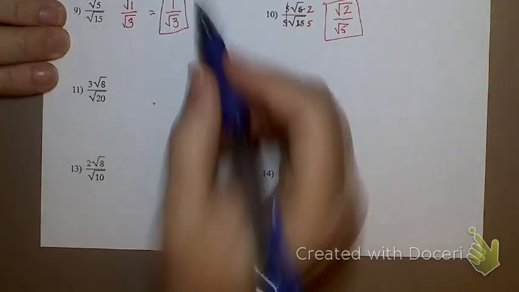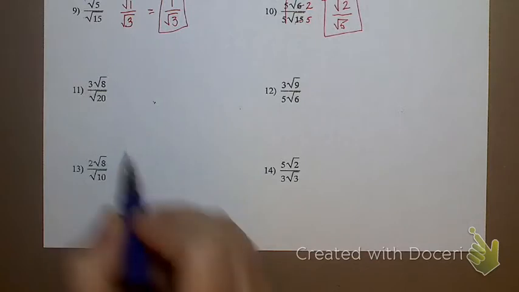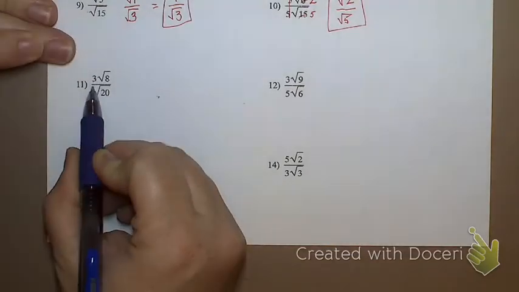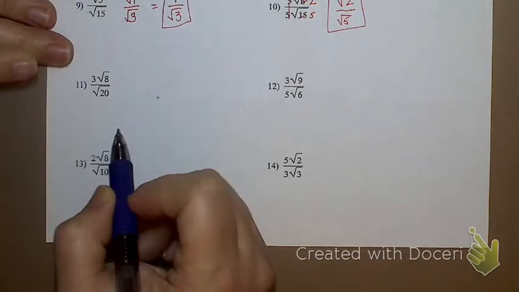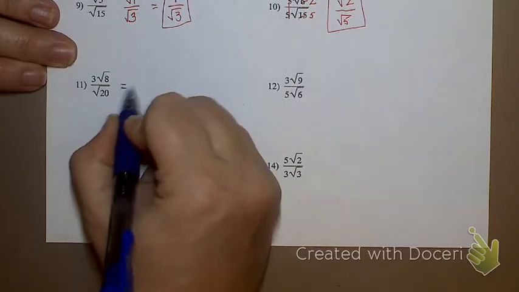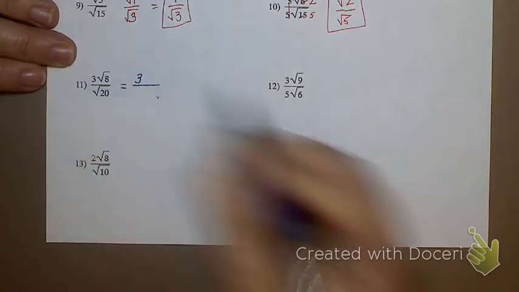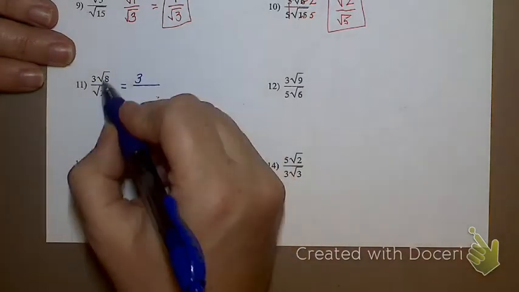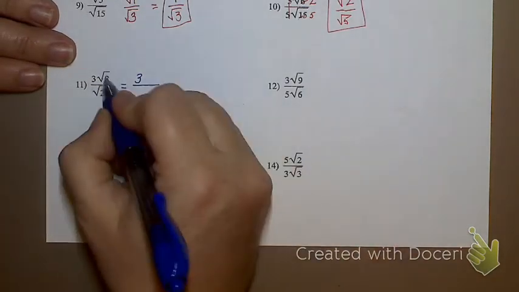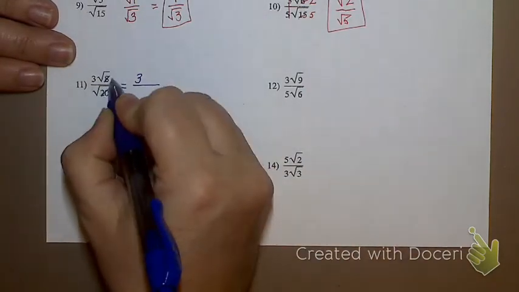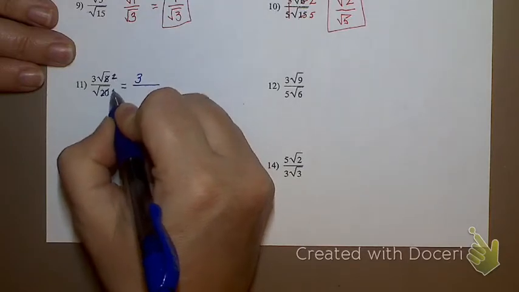All right, number 11. Does the 3 have anything it can reduce with? No, because there's nothing else outside. So I know that there's going to be a 3 on top in my answer. What about 8 over 20? I can divide by what? That gives me 2 over 5.